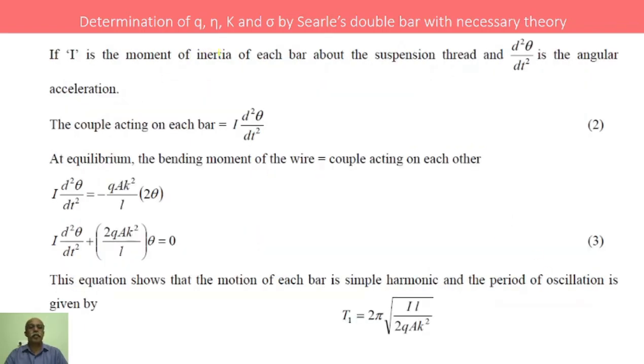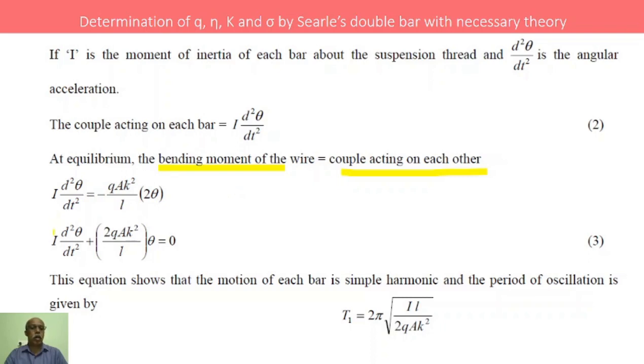If I is the moment of inertia of each bar about the suspended wire, and d square theta by dt square is the angular acceleration, then the couple acting on each bar is I into d square theta by dt square. At equilibrium, the bending moment of the wire equals the couple acting on each bar, and therefore I d square theta by dt square equals minus Q A K square by L into 2 theta.